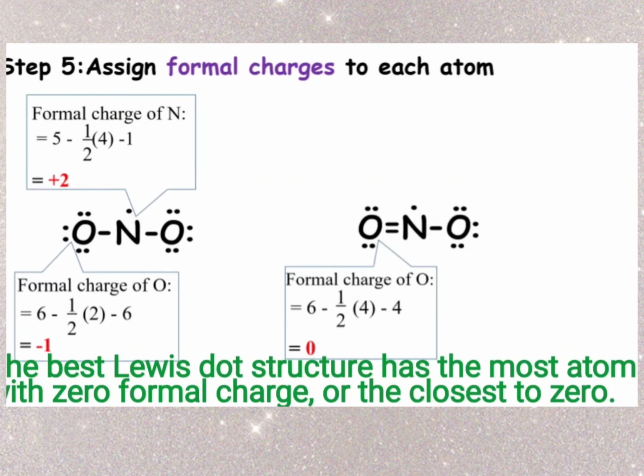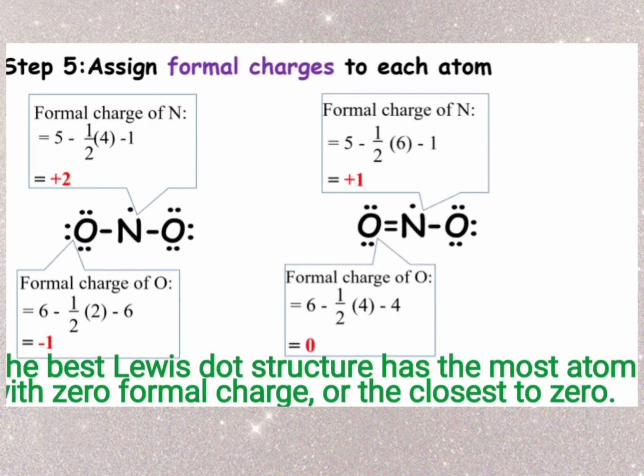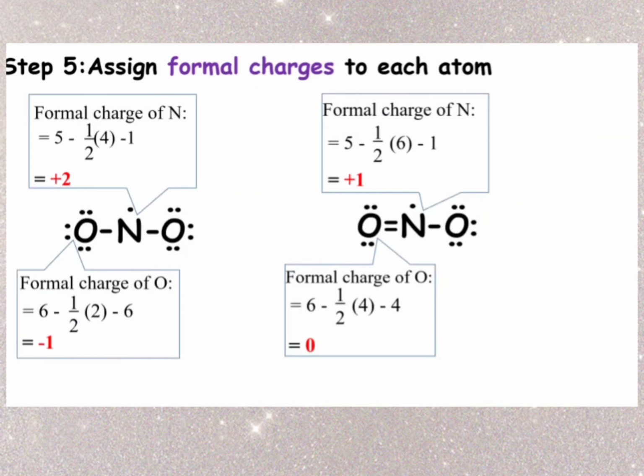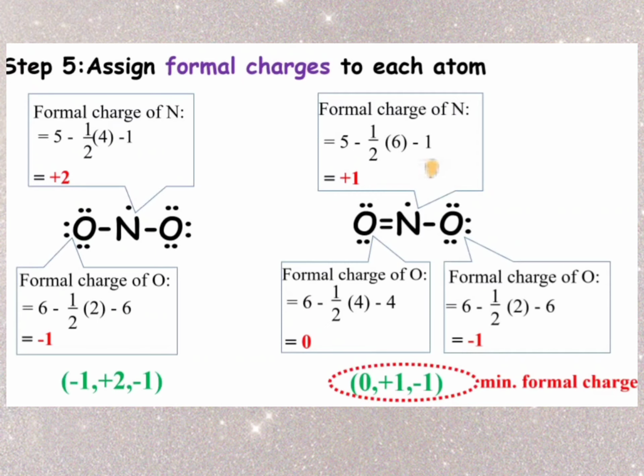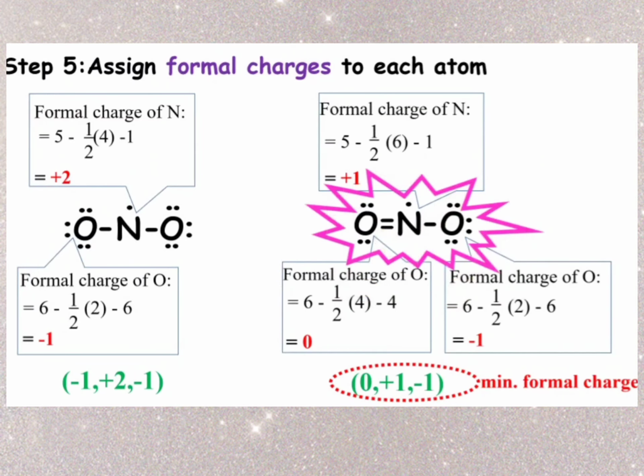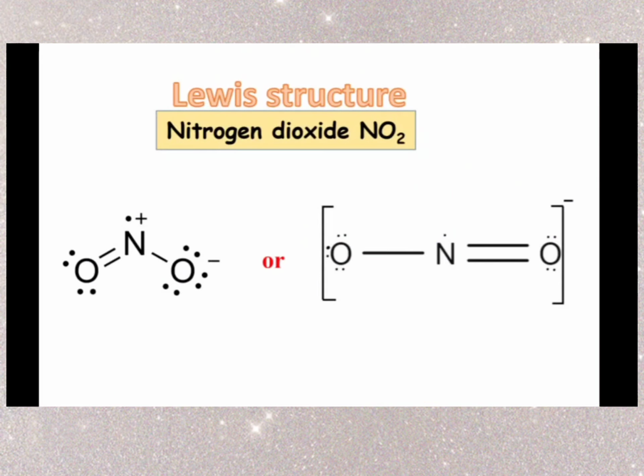Always bear in mind that the best Lewis dot structure has the most atoms with 0 formal charge or the closest to 0. So, from the calculations, this structure is the best Lewis dot structure. This is because this Lewis structure has the most atoms with 0 formal charge or the closest to 0. Therefore, this is the Lewis structure of nitrogen dioxide.